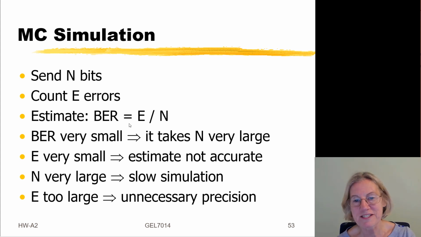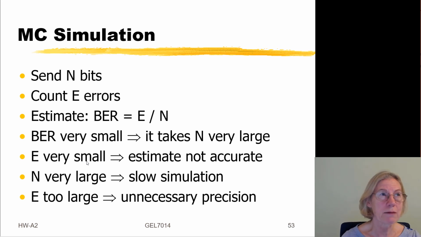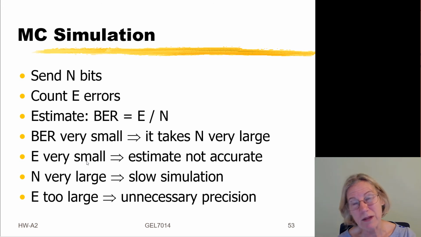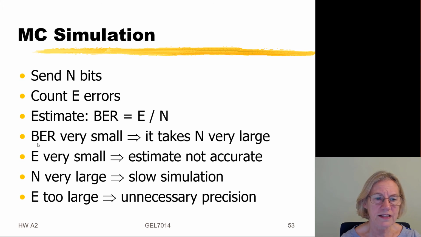So this is a frequency. I'm only estimating it. So if I count a whole lot of errors, well, then I know that my estimate is pretty good. But if I've only counted one error, did I get unlucky and the error came early, or was I very lucky and the error came later than it normally should? So if the error count is small, the estimate is not very good.